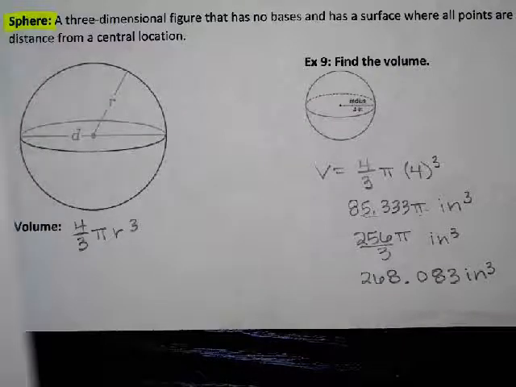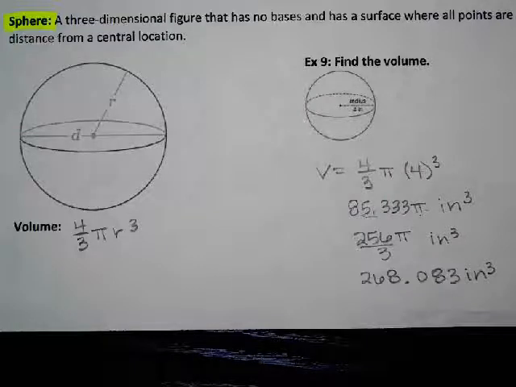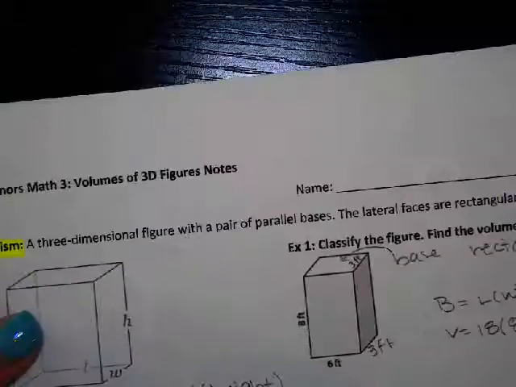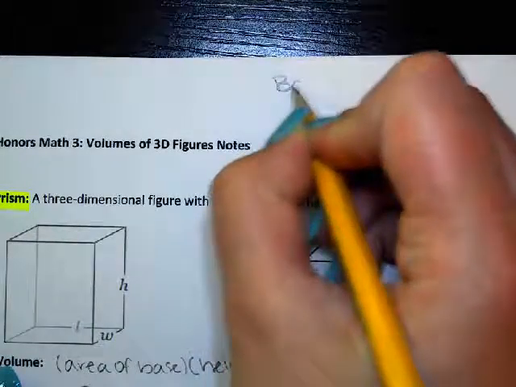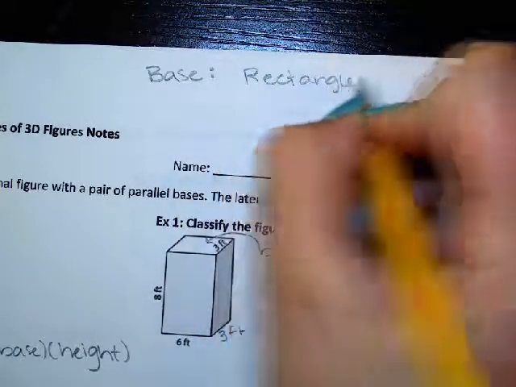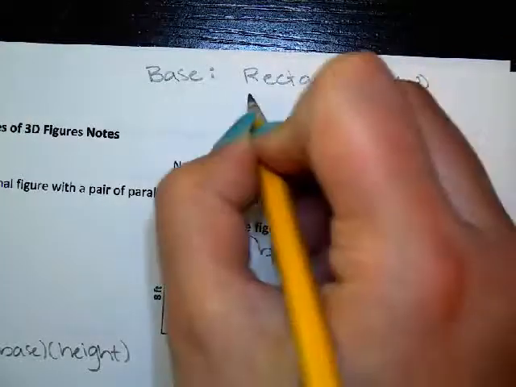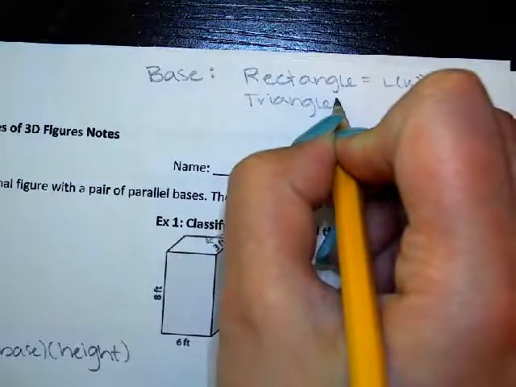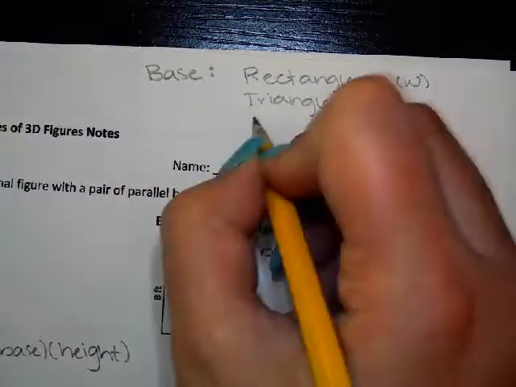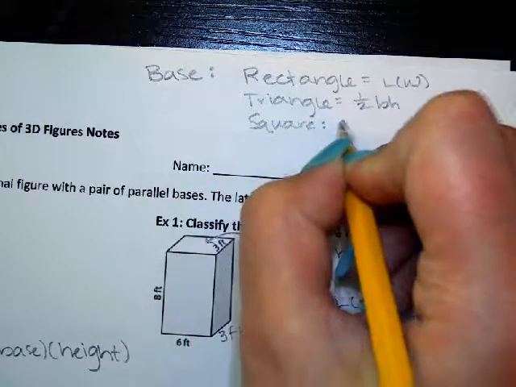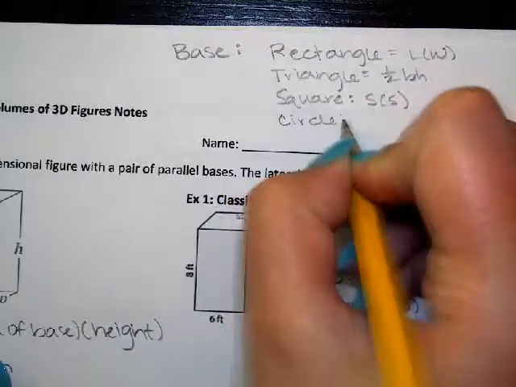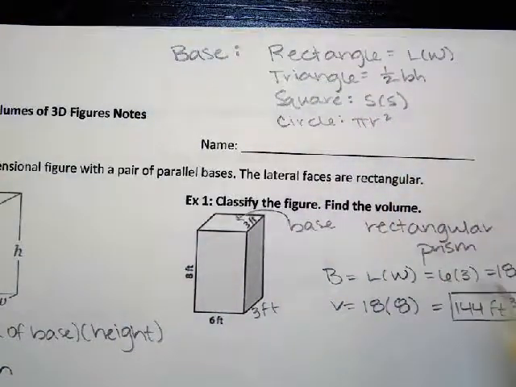So it would be important for today to have written down your different base formulas, and maybe you could write this on the back or at the top somewhere, but those base formulas that you might want are going to be like a rectangle, which is length times width, a triangle, which is 1/2 base times height, square, which is side times side, circle, pi r squared.